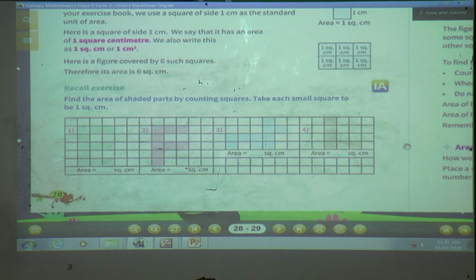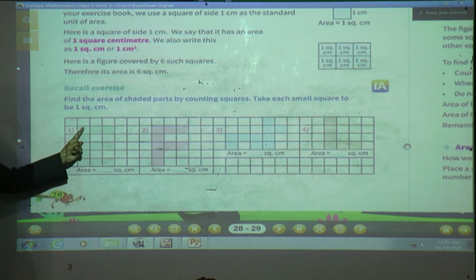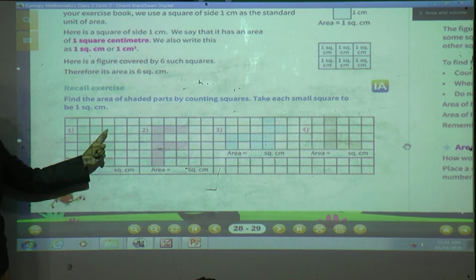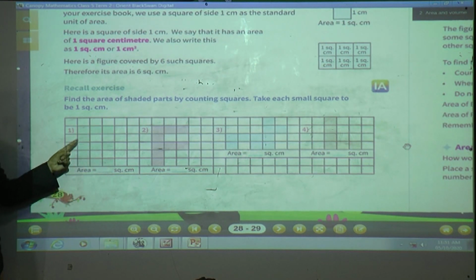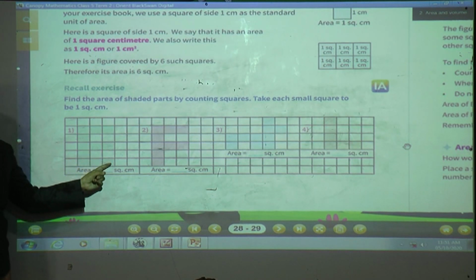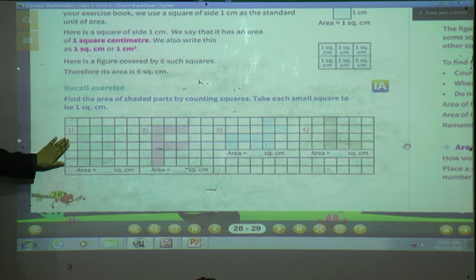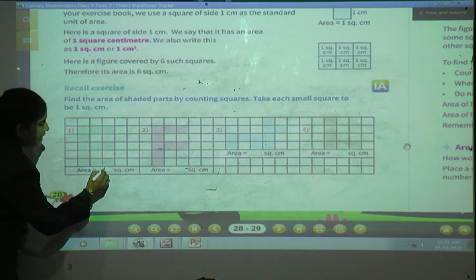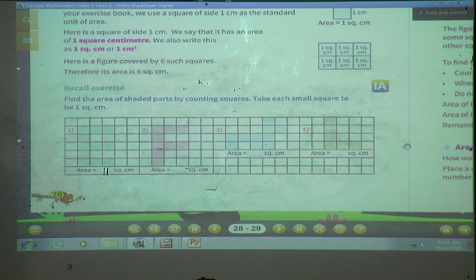So these ones are colored. Count it: 1, 2, 3, 4, 5, 6, 7, 8, 9, 10, 11. So the area of this figure is 11 square centimeter.